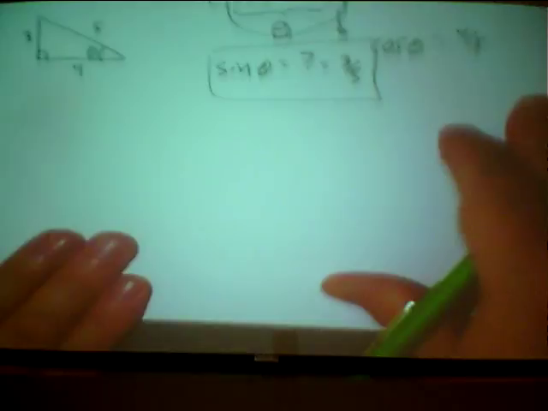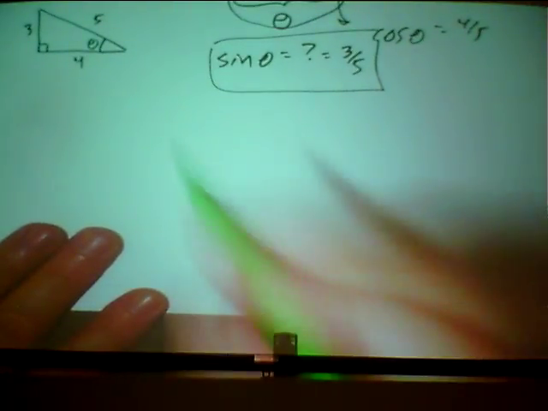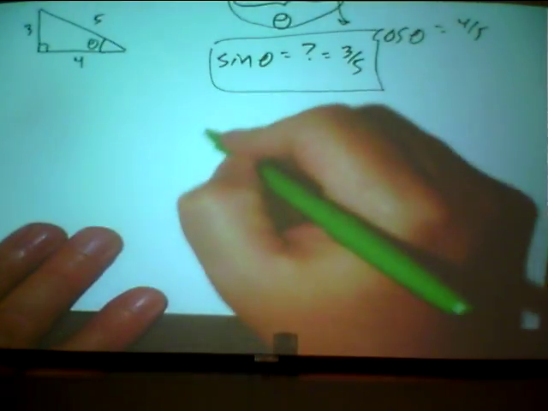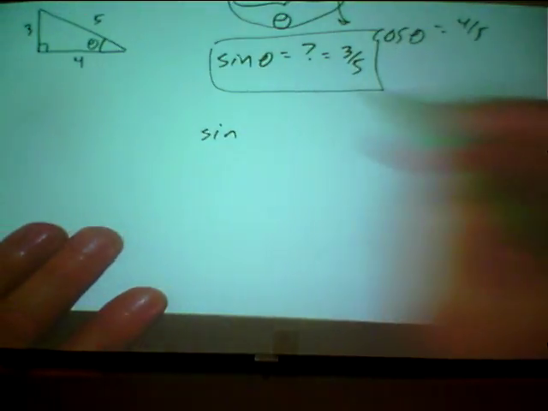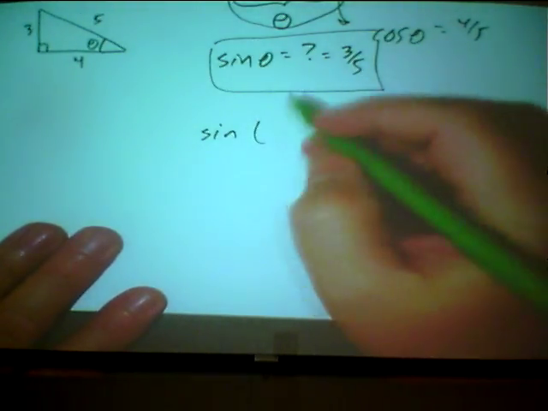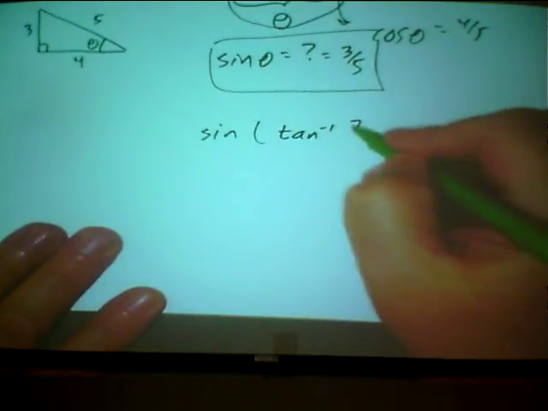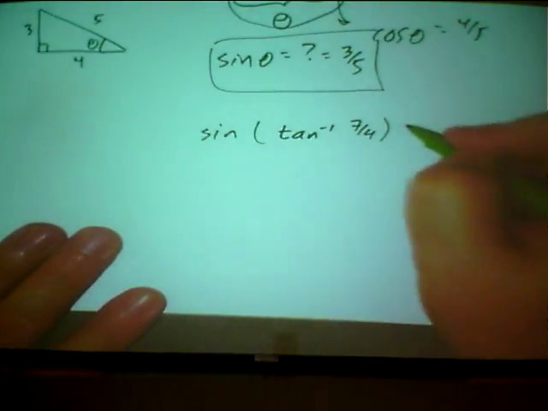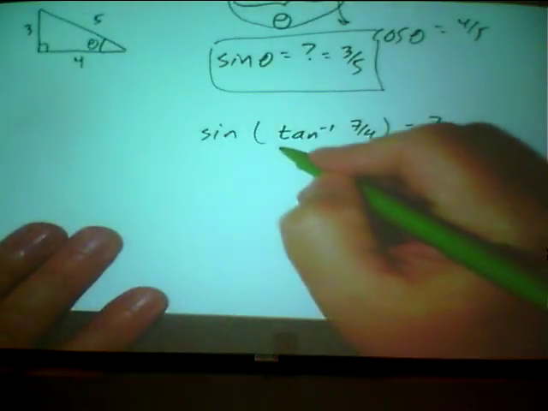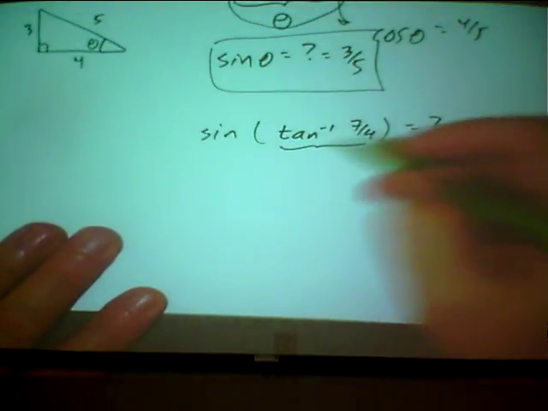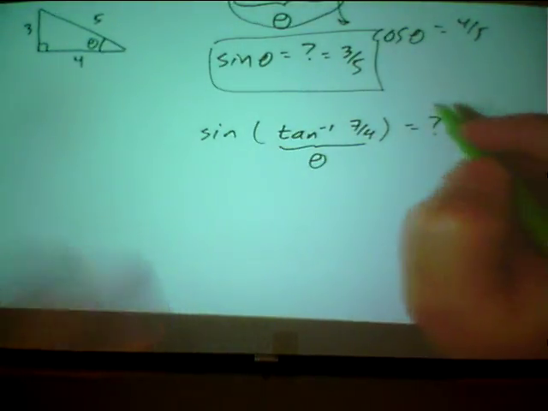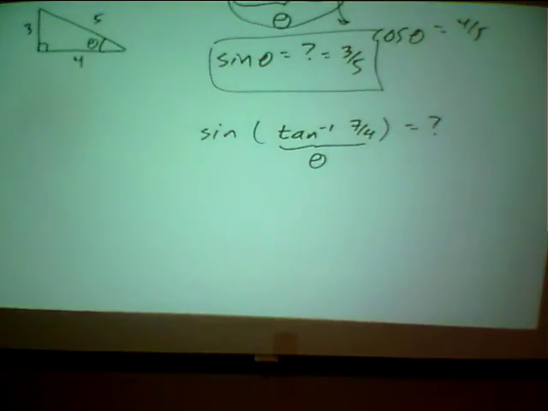Let's do one more. How about number 38? The sine of the inverse tangent of 7/4. Since this is an inverse trig function, that whole thing is really going to be an angle.